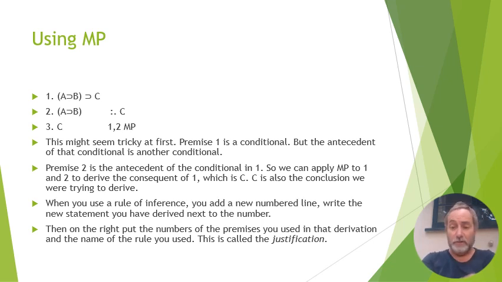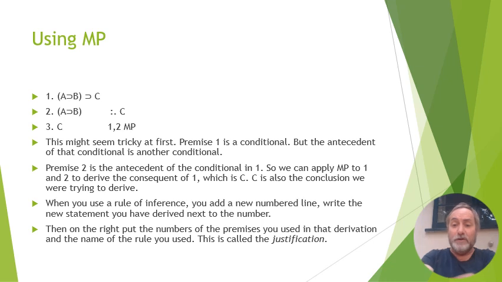It's any conditional. Here the antecedent of the conditional is compound. It's A then B. That's fine. On premise one, we have a conditional. On premise two, we have the antecedent of that conditional. Our goal was to get to C, as you can see over there on the right. That was the conclusion we were trying to reach. Well, it turns out we can reach that conclusion in one step.